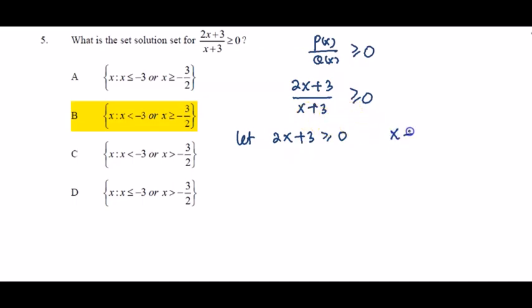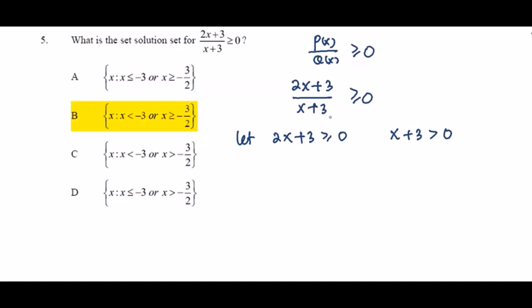But the divisor x + 3 can never equal 0. So you will only assume that x + 3 is greater than 0 only. You cannot write equals here. Once you have equals here, the whole thing is wrong, because in mathematics we cannot divide anything by 0. That will be undefined. You can try this out on your calculator.